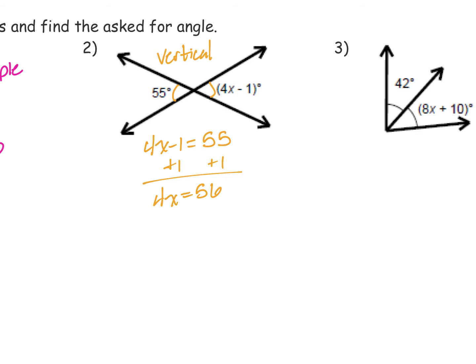And then I'm going to divide by 4. And x is going to equal, I think it's 14. Just put it in my calculator and check it out. 56 divided by 4, yeah, 14. Okay, beautiful. Questions? We're doing okay so far?